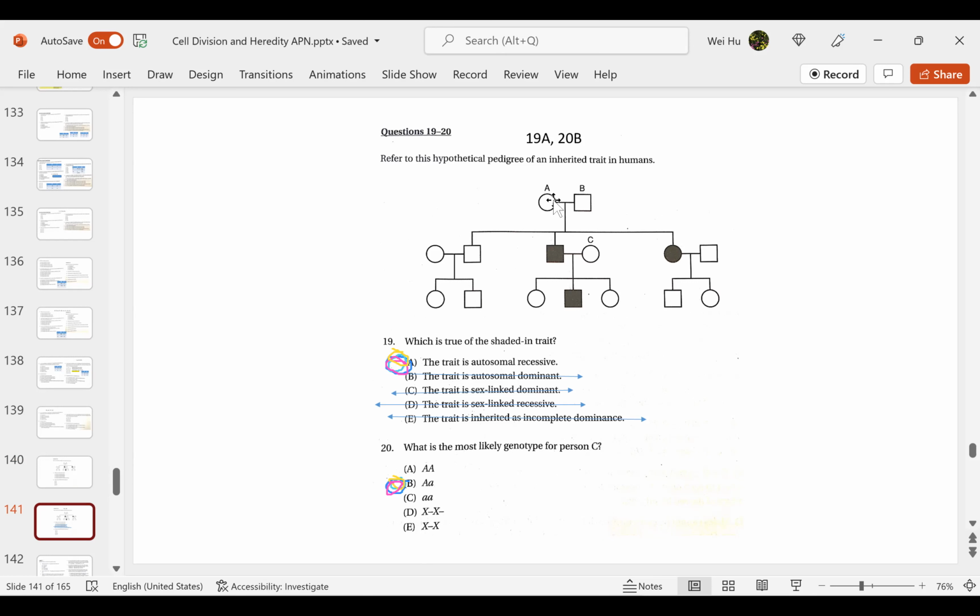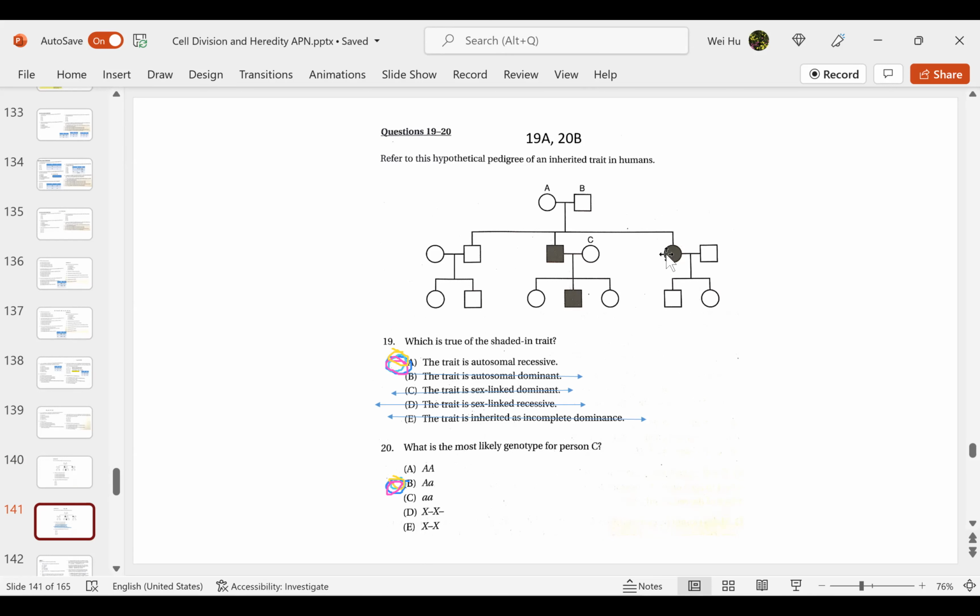So therefore, the mother must be a carrier. Correct? The mother must be a carrier. And the father must be normal because if the father is carrying the disease allele, he must show symptoms. So the son can get the disease because the mother is a carrier, no problem.